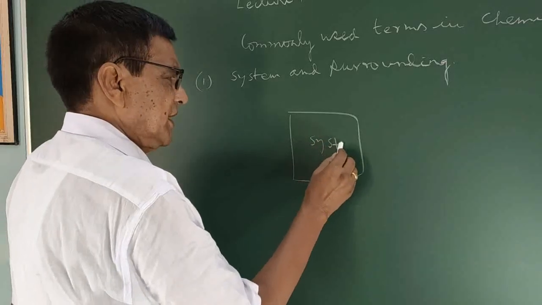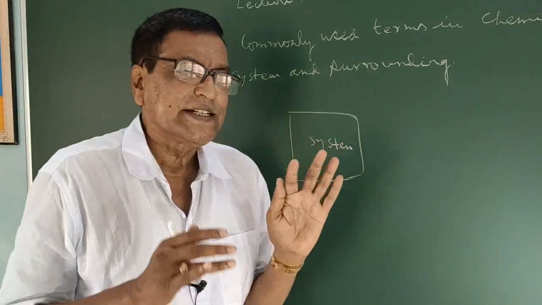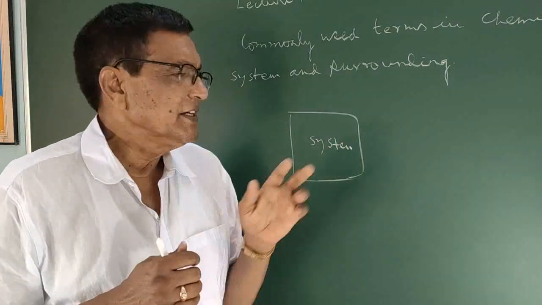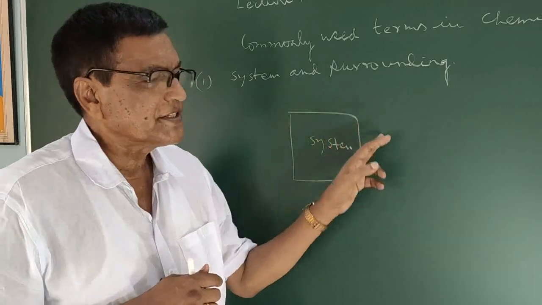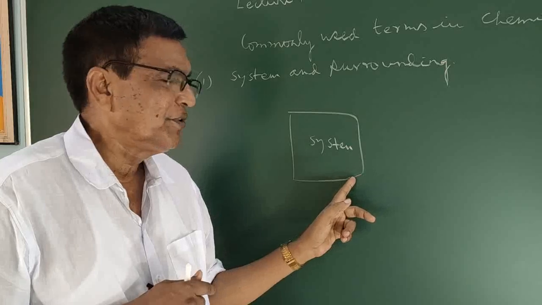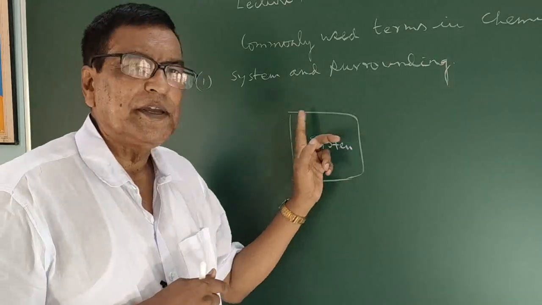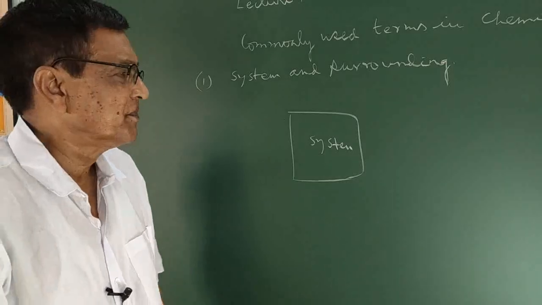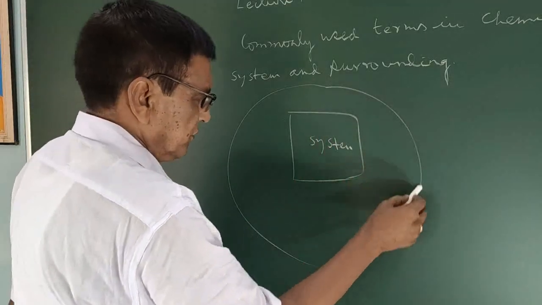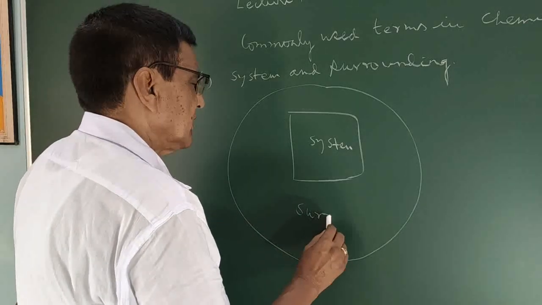System is a part of this universe selected for thermodynamical study. It is separated from the rest of this universe by a definite boundary, maybe a real boundary or maybe an imaginary boundary. And this rest part of this universe is called the surrounding.